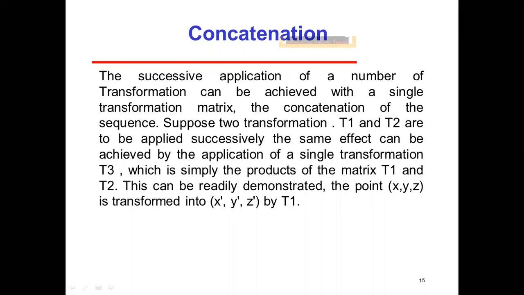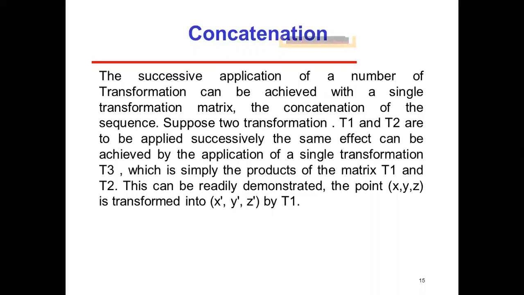Now concatenation, again we will involve the same thing. This is called the concatenation transformation. It is nothing but the successive application of a number of transformations, which can be achieved with a single transformation matrix. Here again we will apply several transformations, but we have to maintain the order or sequence of the transformations.